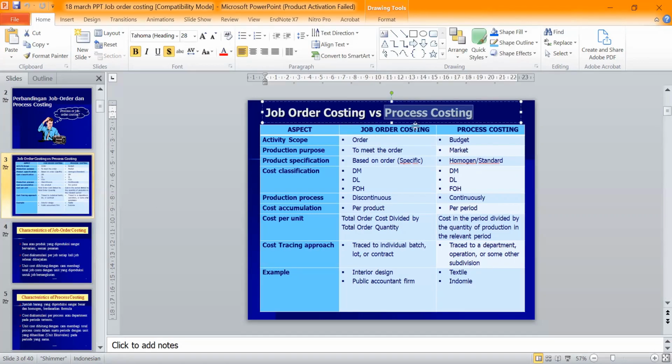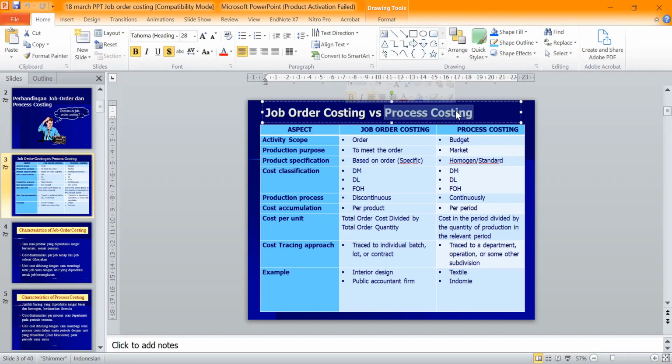Now, process costing differs from job order costing, where to compute the total cost of production we just manually add the direct material, direct labor, and factory overhead in each product. But in process costing, in order to know the total cost of production, we need to make a cost production statement where the cutoff is based on the period.